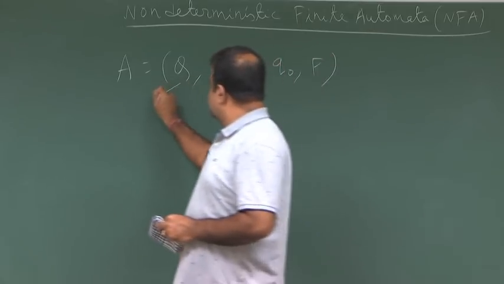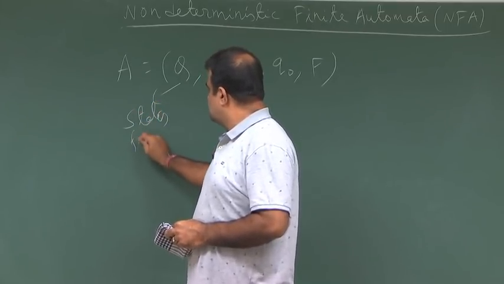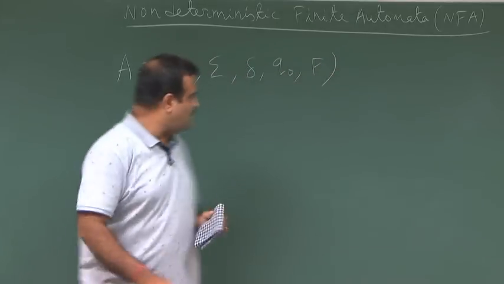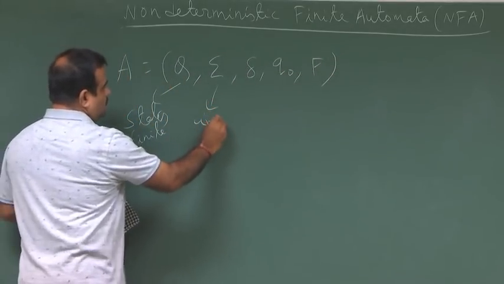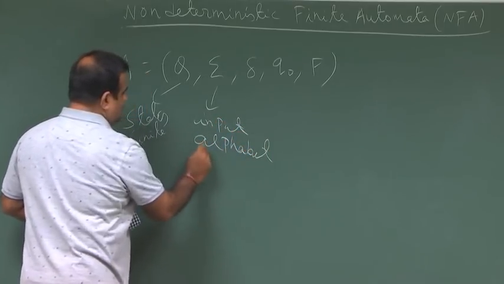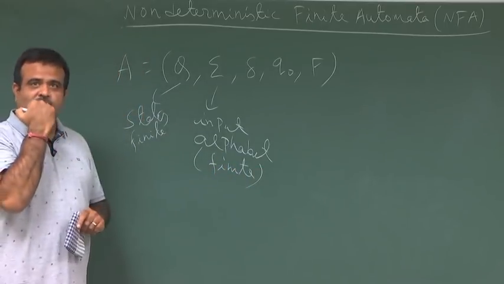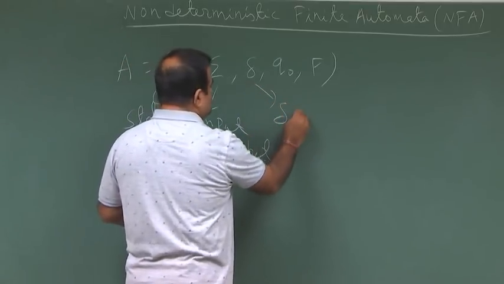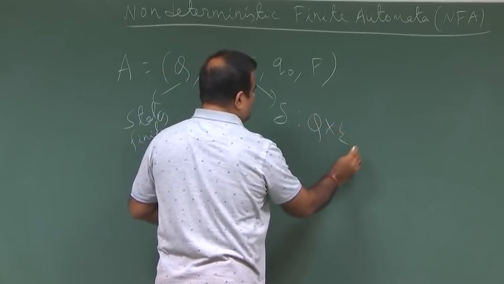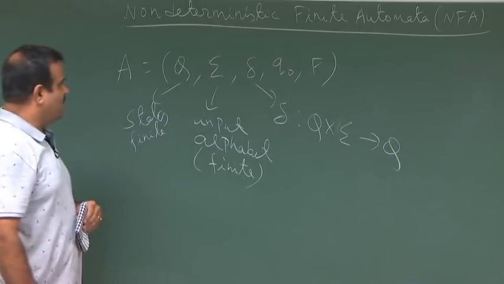This is the set of all states. This is the state set which is finite, and this is the input alphabet. This is also a finite set. For binary alphabet, it is 0 and 1, and we have a transition rule, which is a function, which takes a state and an alphabet symbol, and it reaches another state.